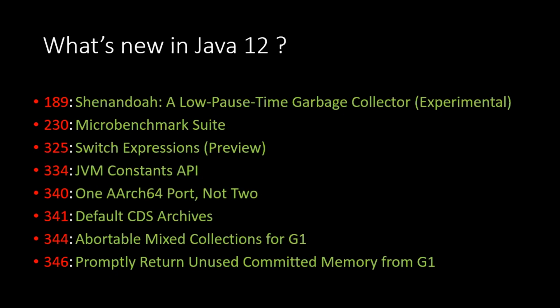Also, defaults for class data sharing have been enhanced. Many garbage collection things have been tweaked, like abortable mixed collections for G1, and promptly returning unused committed heap memory back to the operating system. Let's go into detail about what exactly these features have to offer.